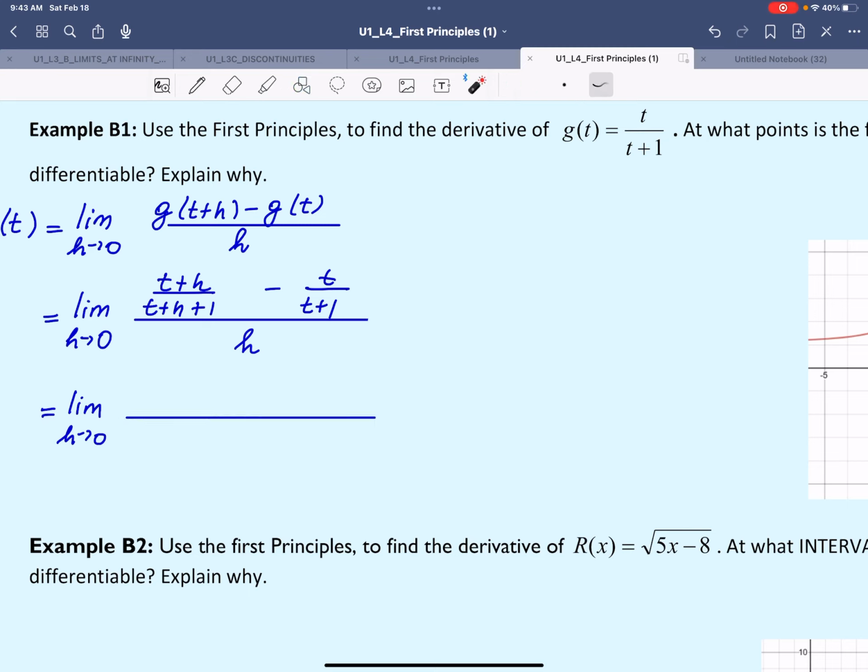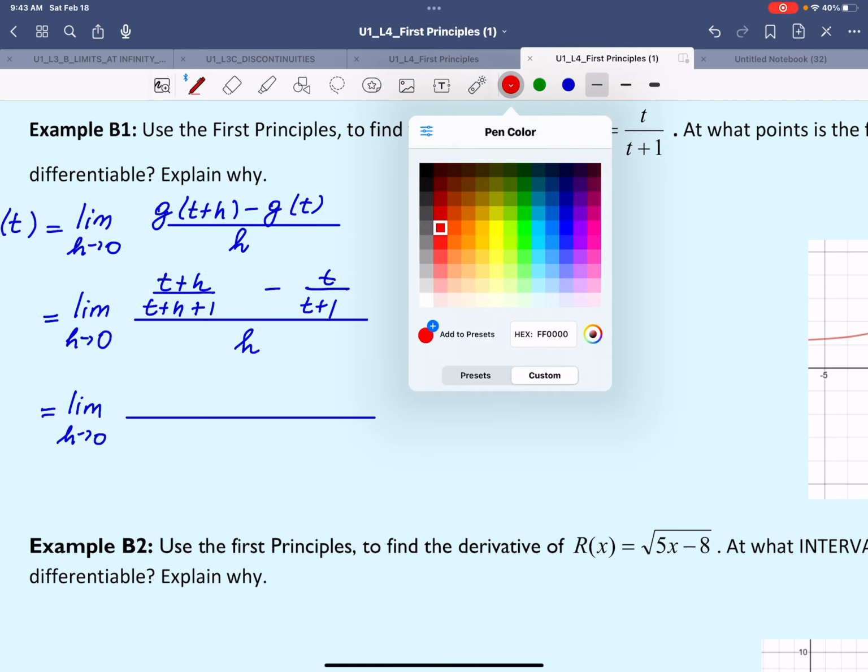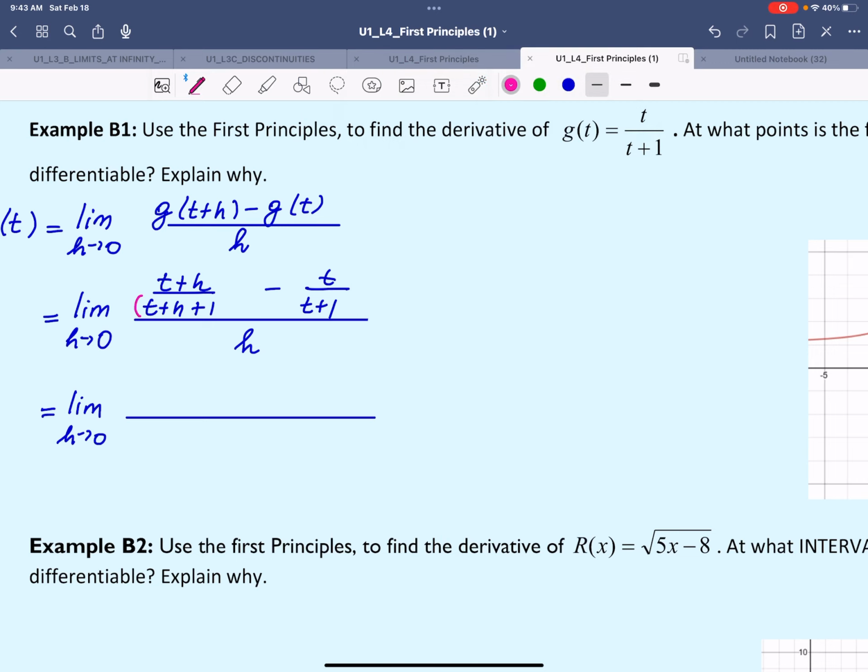As you can see here, the denominators are different, so what we're going to do next is make the denominators the same. For this, we'll have to multiply by t plus 1, both numerator and denominator in the first rational expression, and we'll multiply by t plus h plus 1, both numerator and denominator in the second rational expression.